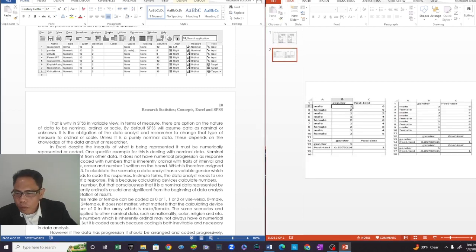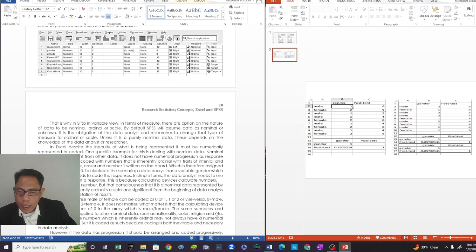Thus, male or female can be coded as 0 or 1, 1 or 2, or vice versa. 0 male, 1 female, or 1 male, 2 female. It doesn't matter. What matters is that the calculating device can count the number of zeros in the array, which is male or female.